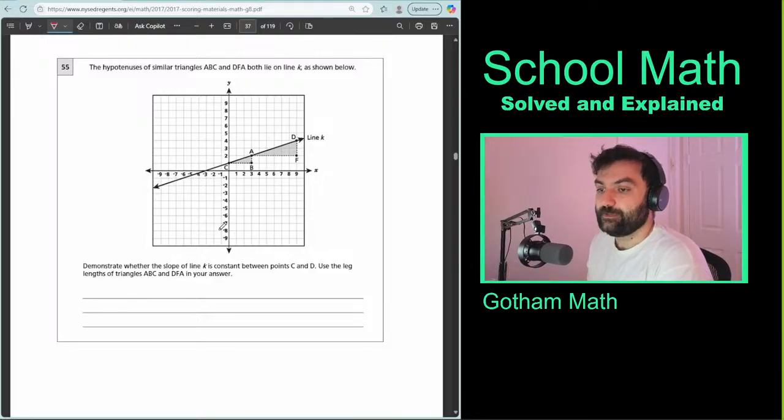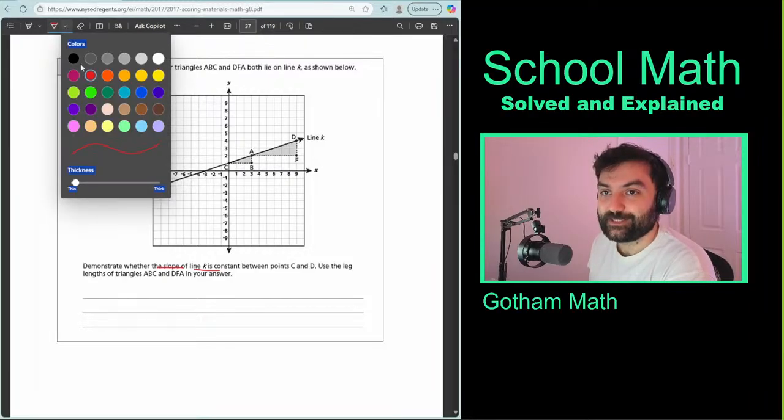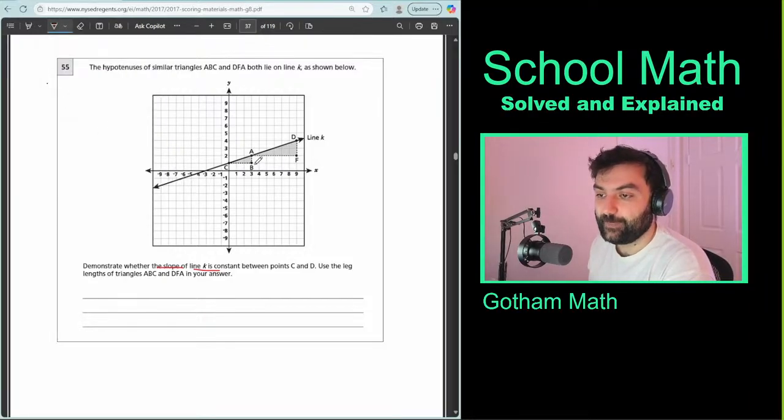All right, so we can use what's called rise over run to find the slopes. I think that's what we have to do because if the slope is constant, it means the slope is the same. So what's the slope between points C and A?